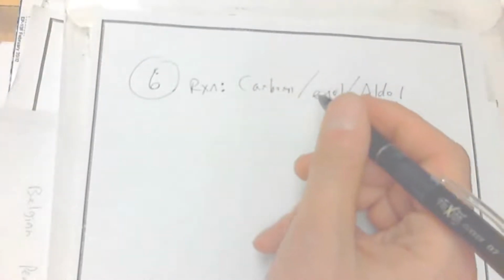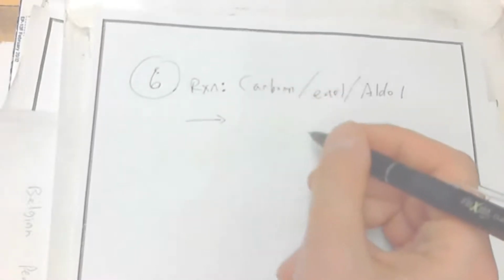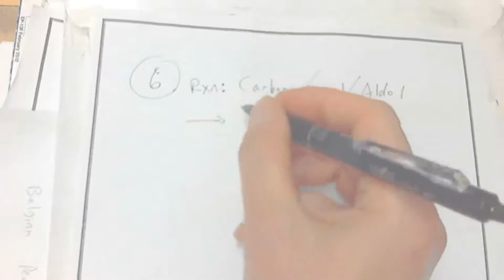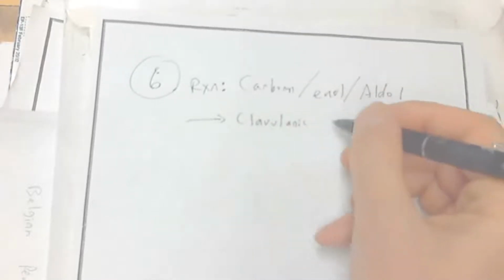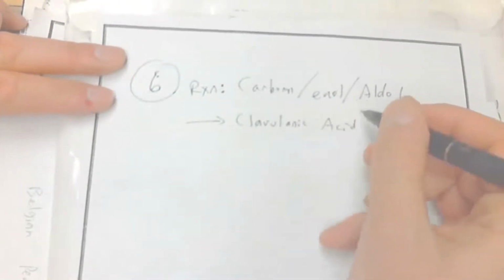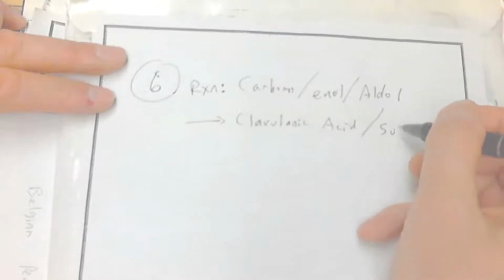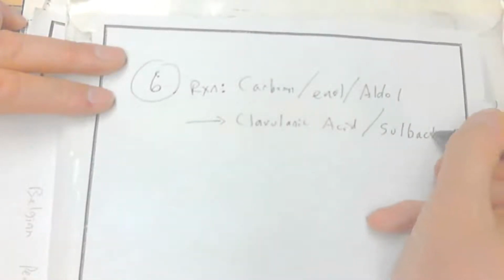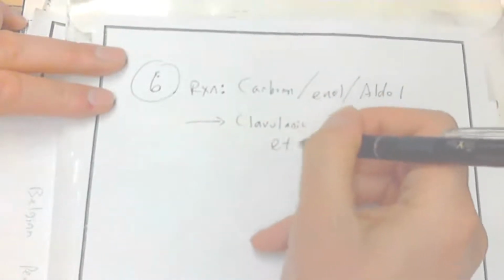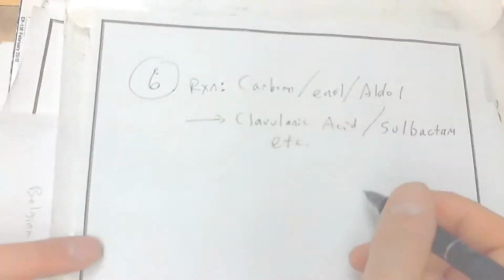Okay. So let's say one more thing about drugs like clavulanic acid, sulbactam, etc. They were the beta-lactamase inhibitors.